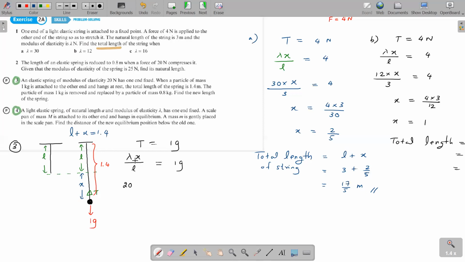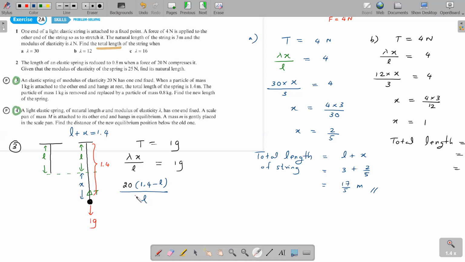So shall we replace the x value here? x is 1.4 minus L. So I'll replace x as 1.4 minus L, over L. Don't go and replace the L. Why am I doing this?